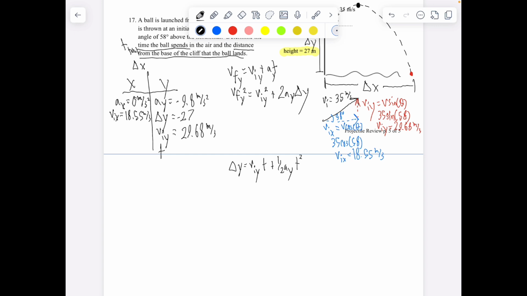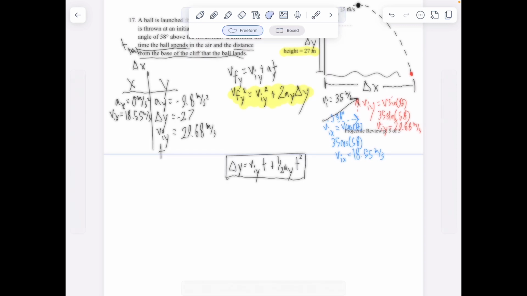If you want to avoid that quadratic formula, let's use this equation right here. Since we have our delta y, initial velocity and acceleration, plug everything in, solve for that final velocity, and then plug it into our top equation and solve for your time. Much, much easier.